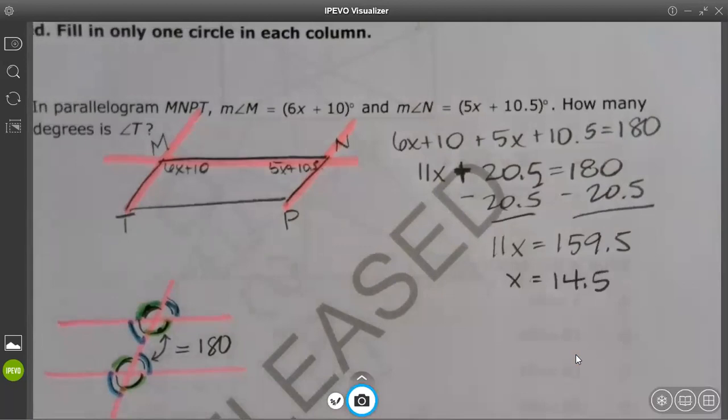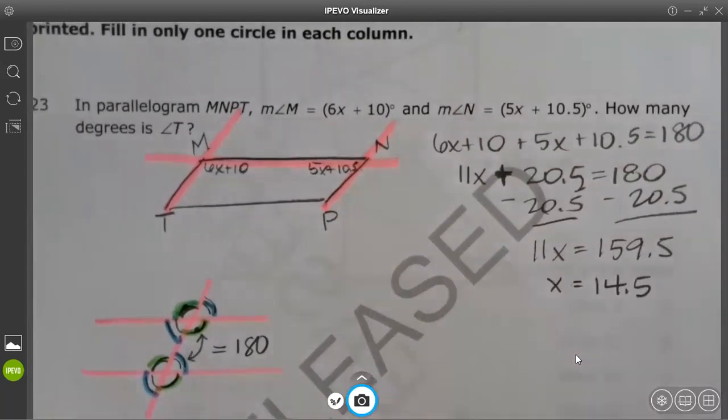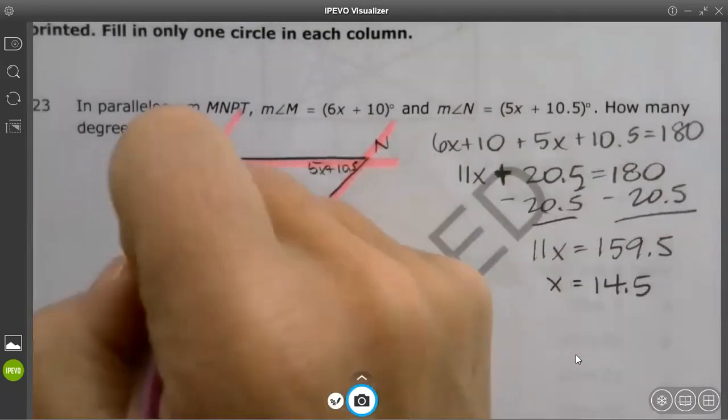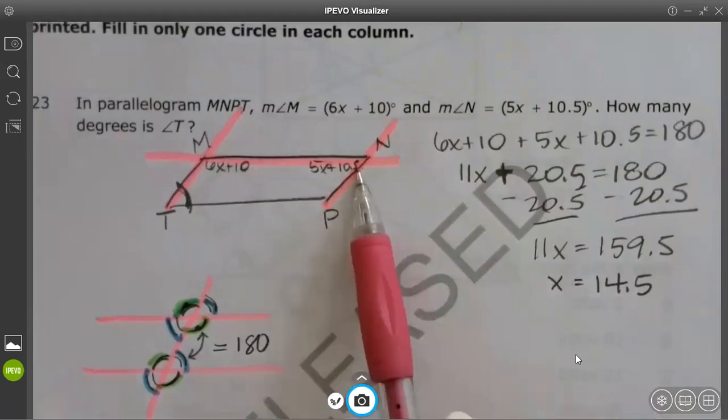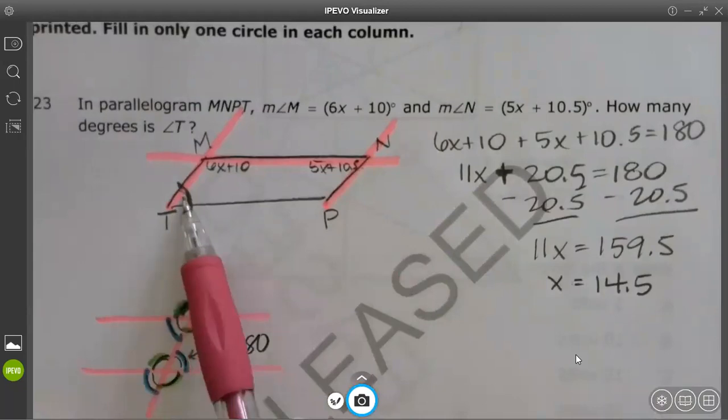What do they ask? Okay, so if we look at angle T right here, what do we know about T? You can give me one of two answers. How could I find it? Yeah, it's equal to N, or what about these two? They equal 180.